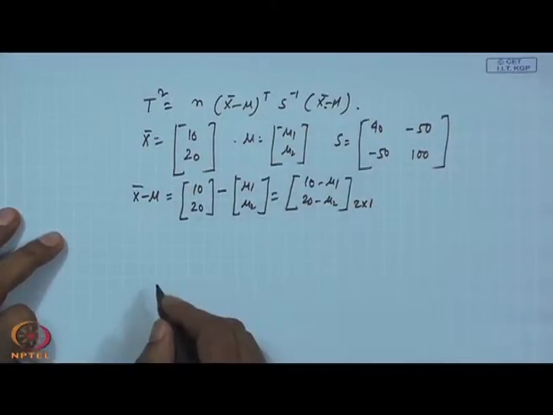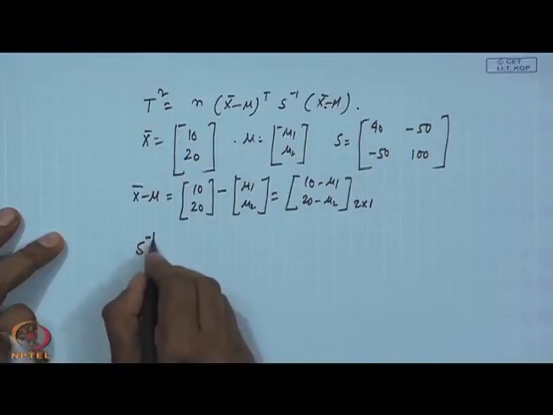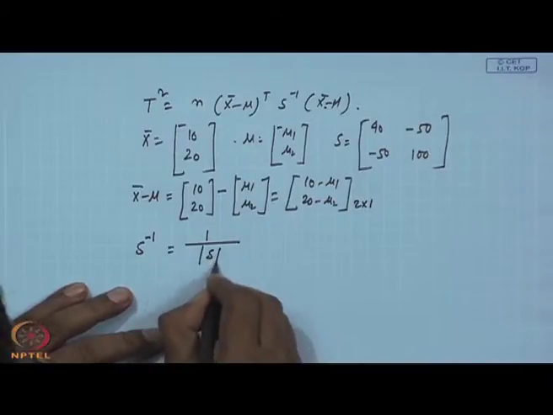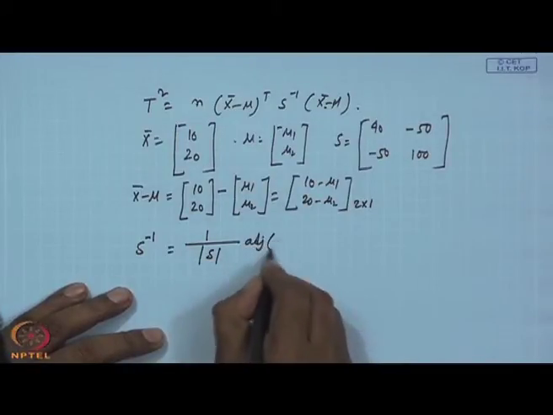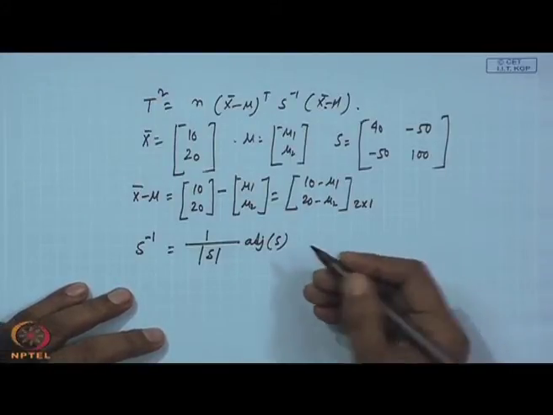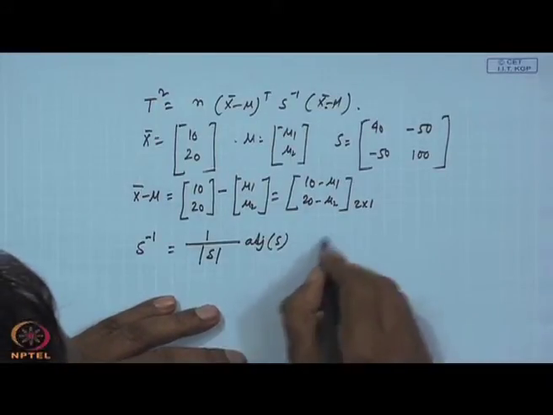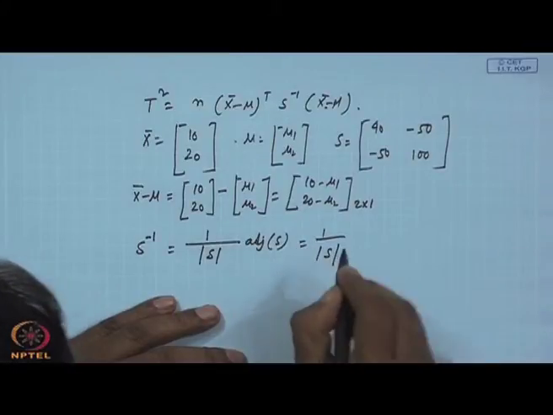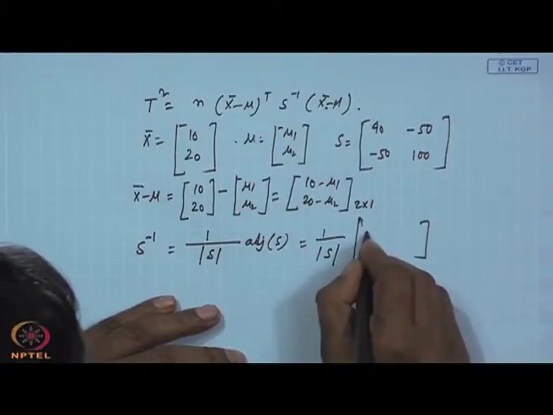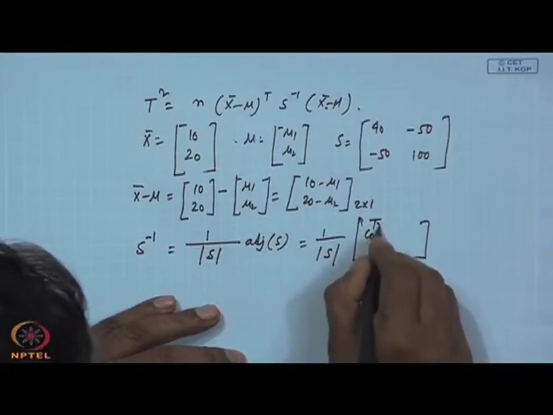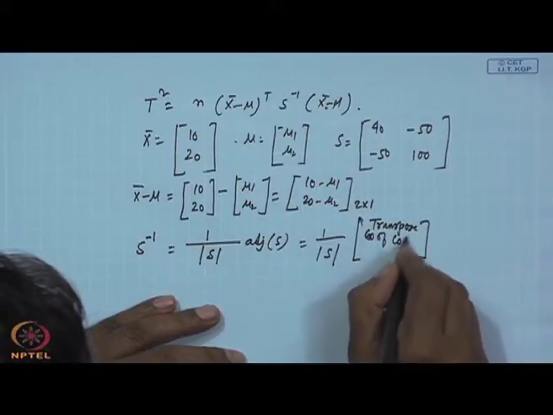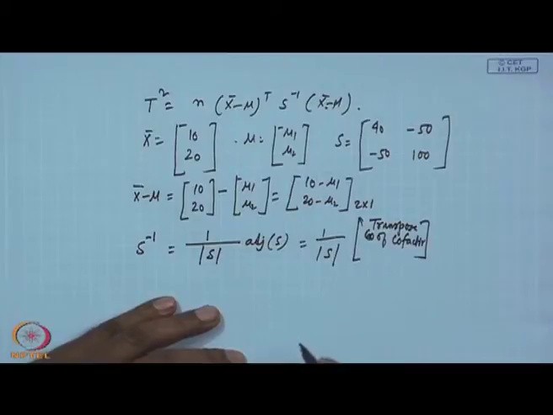Then you require to compute S inverse. S inverse is 1 by the determinant of S, times the adjoint of S. Now, you all know the adjoint of S, which I told you in one class: it is the transpose of the cofactor matrix.